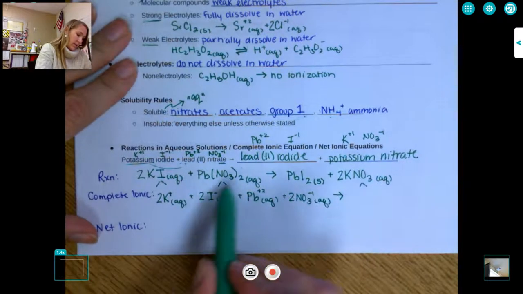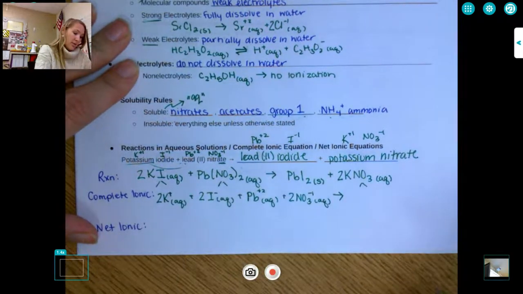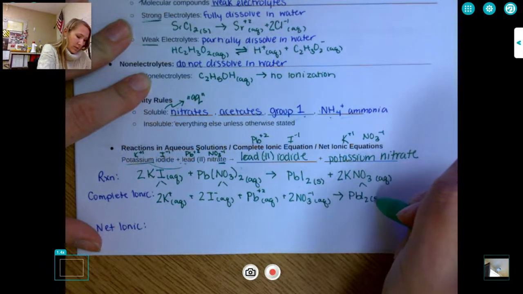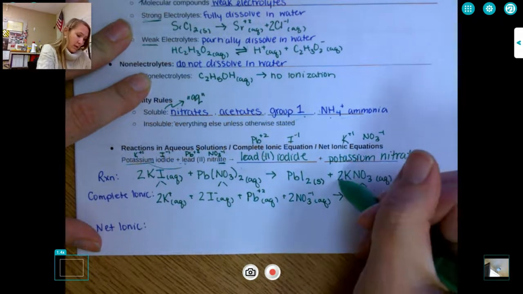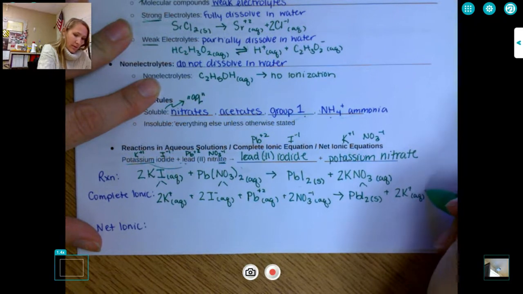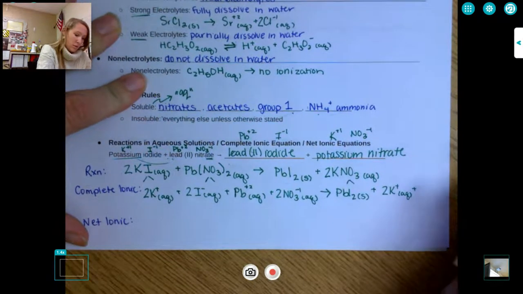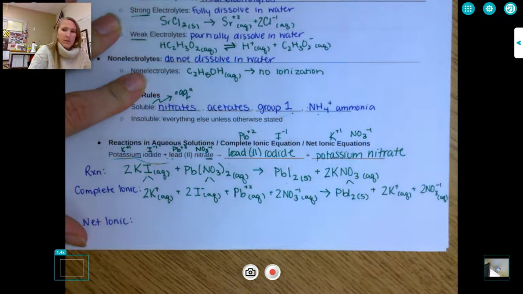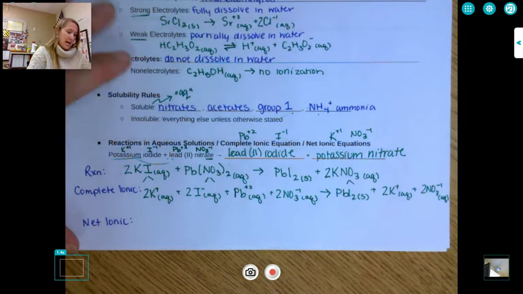So that's everything from the left side. On the right, this is a solid, so it stays together. PbI2 solid. And then finally, we've got 2 potassium ions, aqueous, and make sure you guys can see that, 2 nitrate ions that are aqueous. So I've got everybody written out as ions.